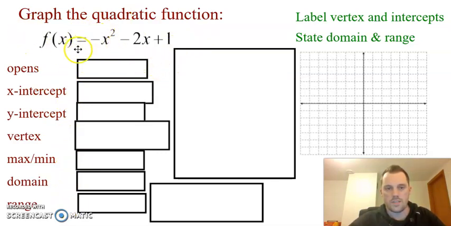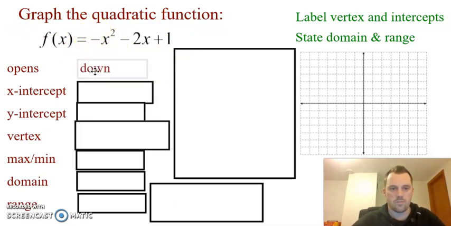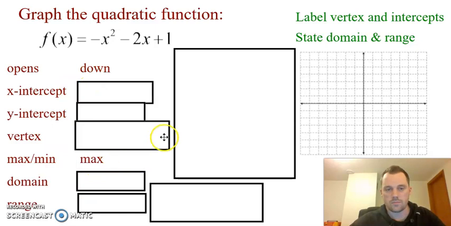I know that it opens down because we have a negative a value for my x squared term. If it opens down, I know that I'm going to have a maximum value. It doesn't give me the vertex or my x-intercepts, but I remember that this c value here is my y-intercept, because if I plug in 0 for x here and here, it basically makes both these terms 0, and we just get 1.